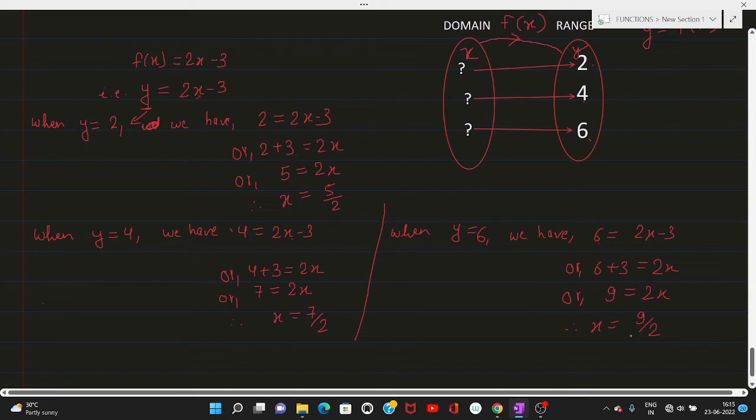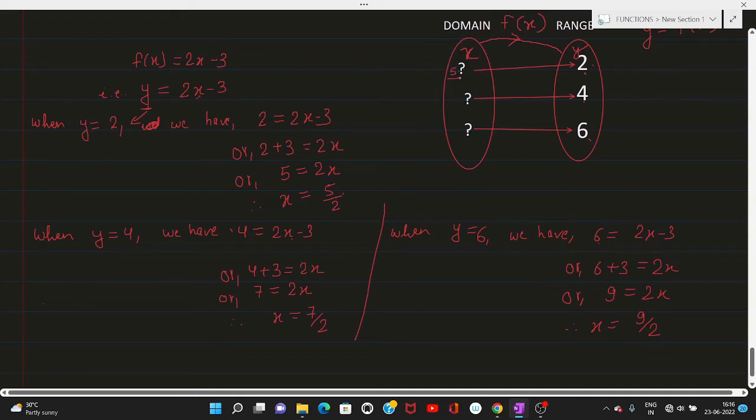So in this way, we have found the values of x. It means, now again if we look in this diagram, this 2 is related to 5 by 2. So here we should put 5 by 2.